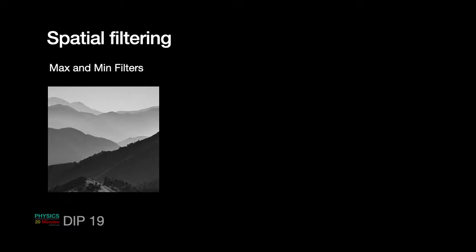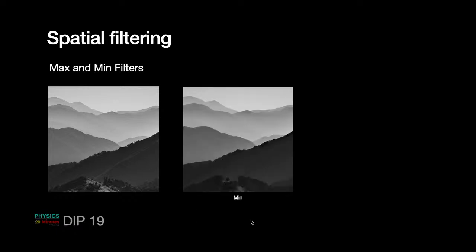Oh, this is repeated. So here is my original image. I'm not looking at the image corrupted with noise. I'm just looking at the original image in order to show this point. Now here I'm applying a minimum filter. You can see that these regions do not show much difference, but look at regions like this. This has been suppressed. The brighter points have been suppressed considerably here, and the darker points are now dominating.